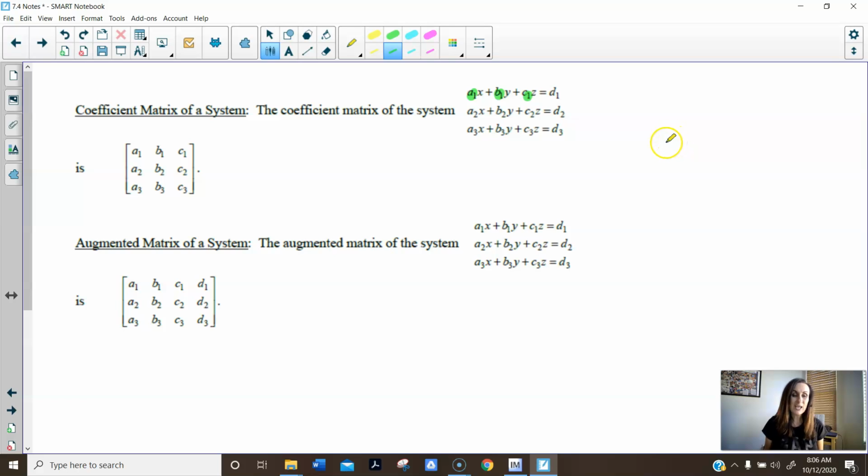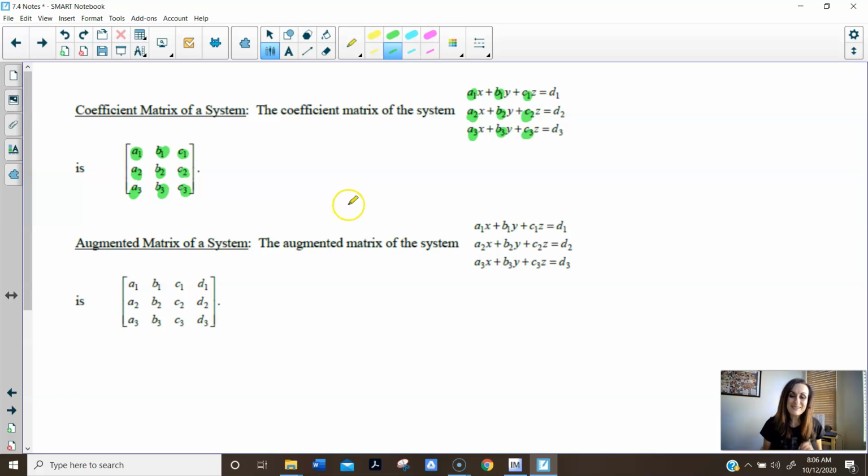When we write a coefficient matrix, we use A1, B1, C1, the coefficients of the first equation. The second equation, we have A2, B2, C2. And the third equation, we have A3, B3, C3, the coefficients of the third equation.